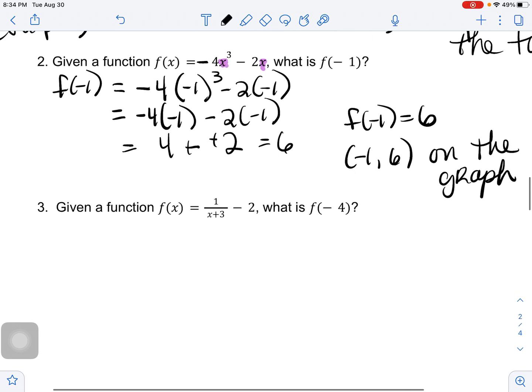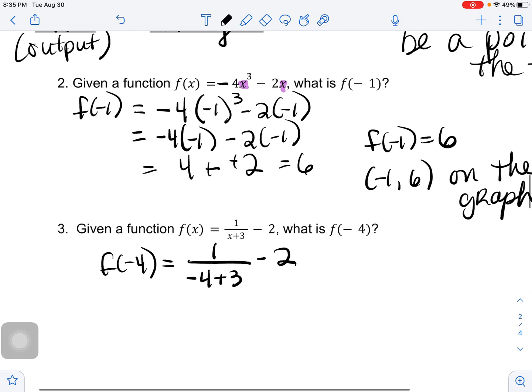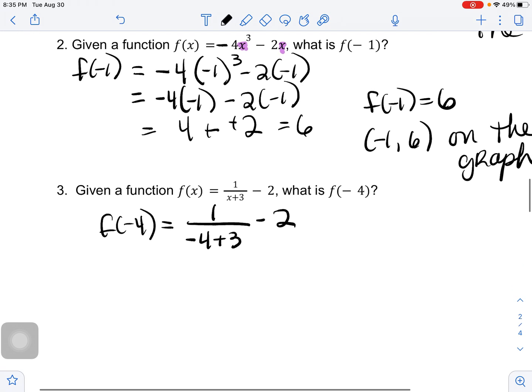Okay, number 3, f of -4. That's going to be 1 over -4 plus 3, and then -2. Oh, back it up a sec. Number 2, that was called the cubic function because that x is being raised to the 3rd power, so cubic. Number 3 is called a rational function.